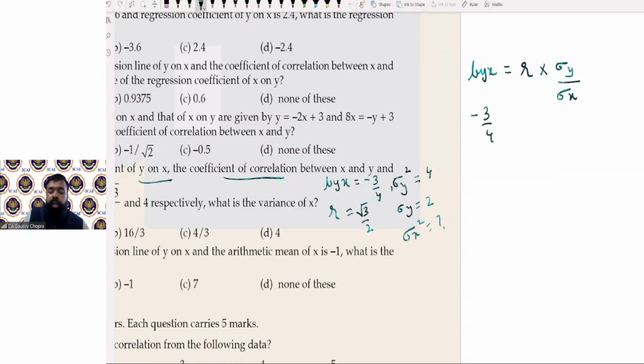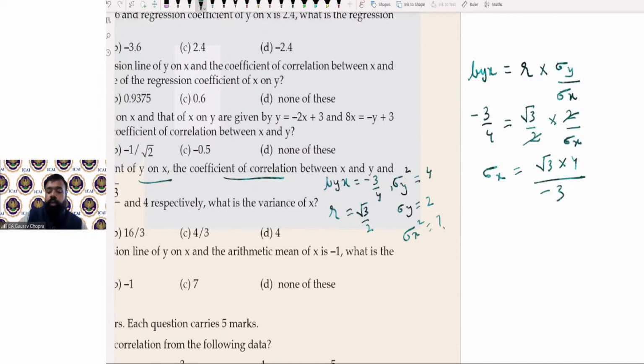So minus 3/4 equal to √3/2 into sigma y upon sigma x. So 2 and 2 will get cancelled. Then what is left? Sigma x is equal to √3 into 4 upon minus 3.